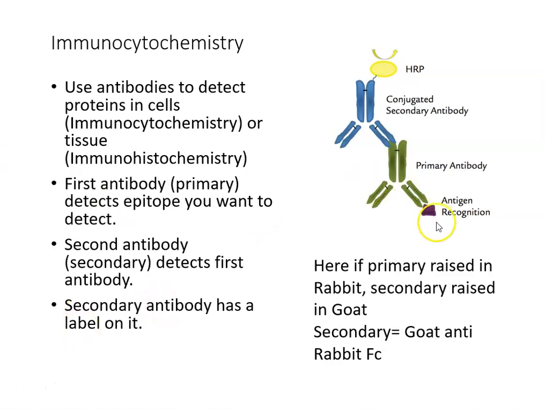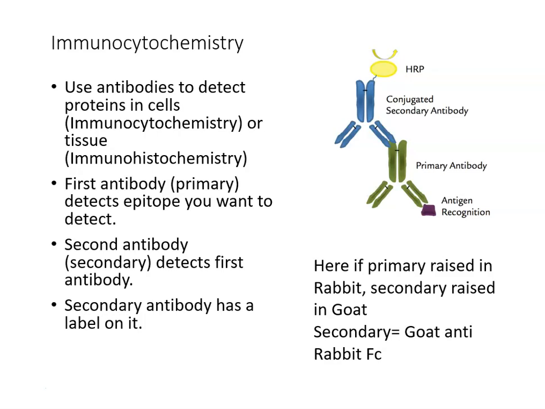Now, for immunocytochemistry, this is using antibodies to detect antigen in cells. If it's immunohistochemistry, it's detecting antigens in tissues. So imagine that we have got an antigen, and let's say this is the surface of a cell stuck on a microscope slide, and this is the antigen on the outside of a cell.